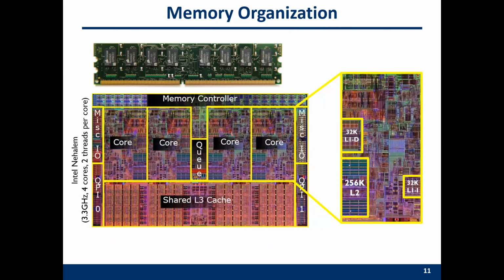So this is a chip layout for the Intel CPU. You can see that on this CPU chip, most of the area, I can say maybe 50% of the chip area, is occupied by the memory. Even inside the core, we have a lot of memory components.